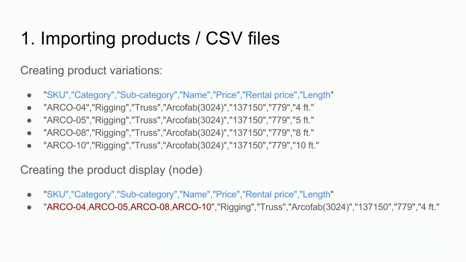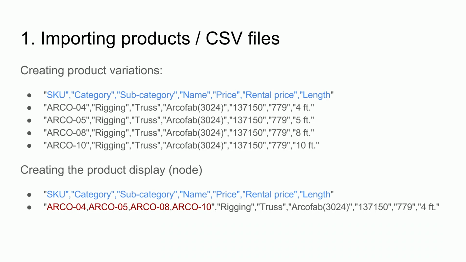All these are SKUs, and Commerce Feeds will bring those in. It will create a node called this, and will add those products as product references, right? So this is how you add product variations to a product node. That's the way to do it.